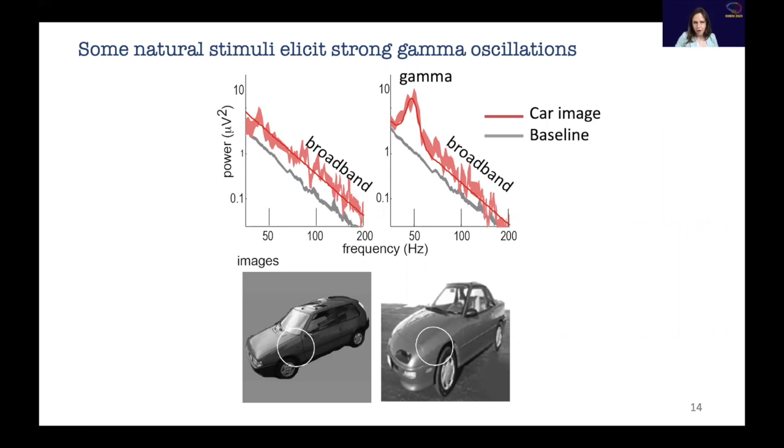And the level of broadband and the level of gamma for this particular stimulus was really reliable, was reproducible on a trial-by-trial basis. But what makes it such that this car induces a gamma oscillation and this one doesn't?